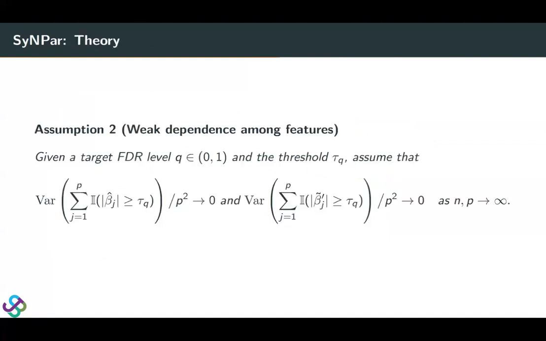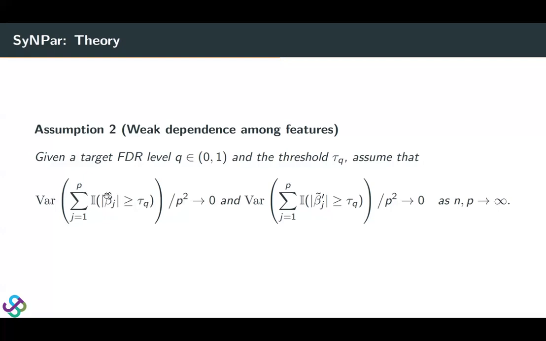So we have the procedure for FDR control, but how can we know whether the FDR is controlled? To do that, we don't need to assume that features are independent, but the features cannot be so strongly dependent. This is a technical condition: weak dependence is okay, but it cannot be too strong. Like the variance of the sum of the indicator function over features j cannot be in the order of p squared.